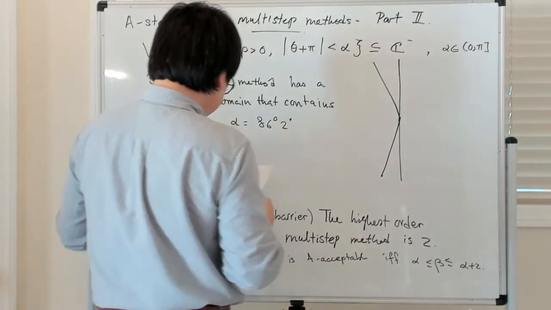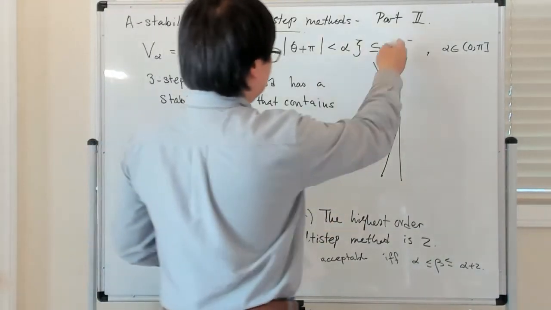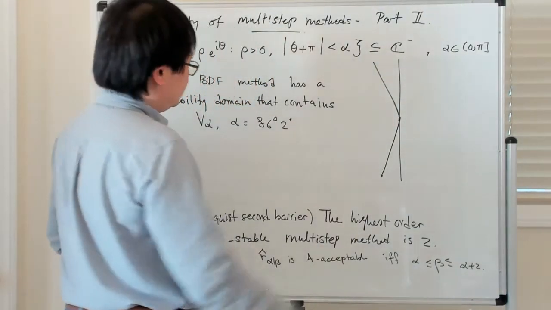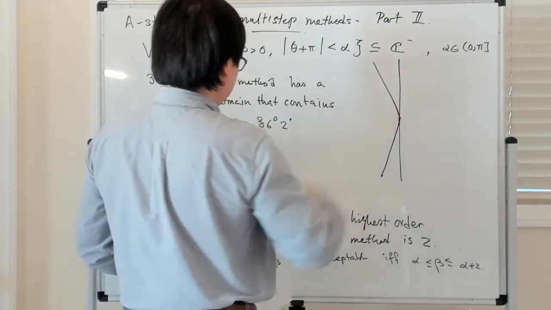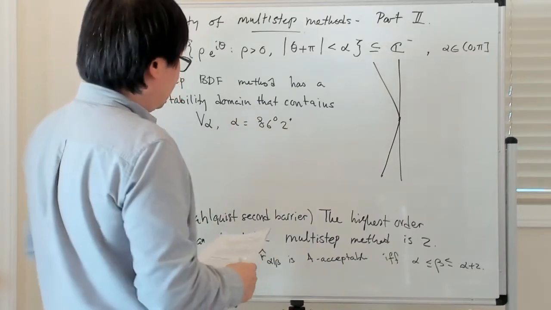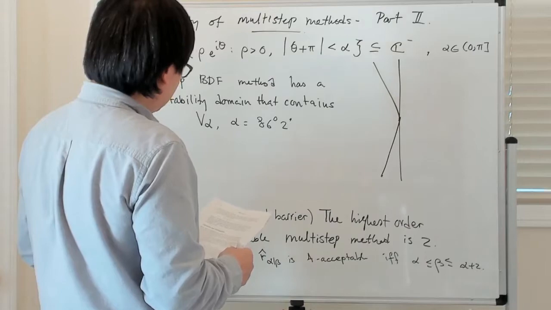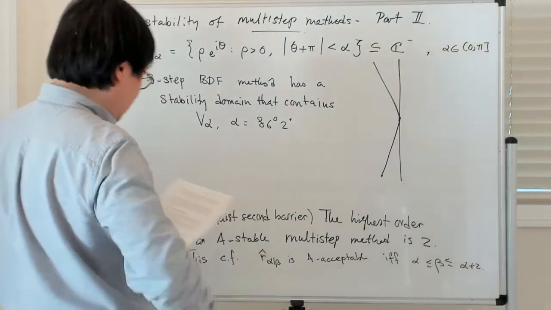Okay, so it's not the full left half plane, which is what it would be if it was 90 degrees, but it's still a very large part of the left half plane, and so these things are still useful for a large class of problems.